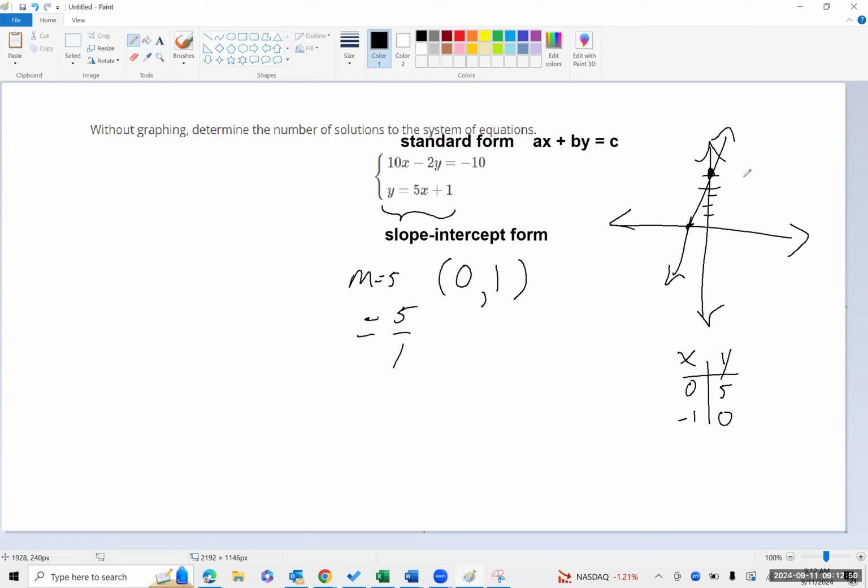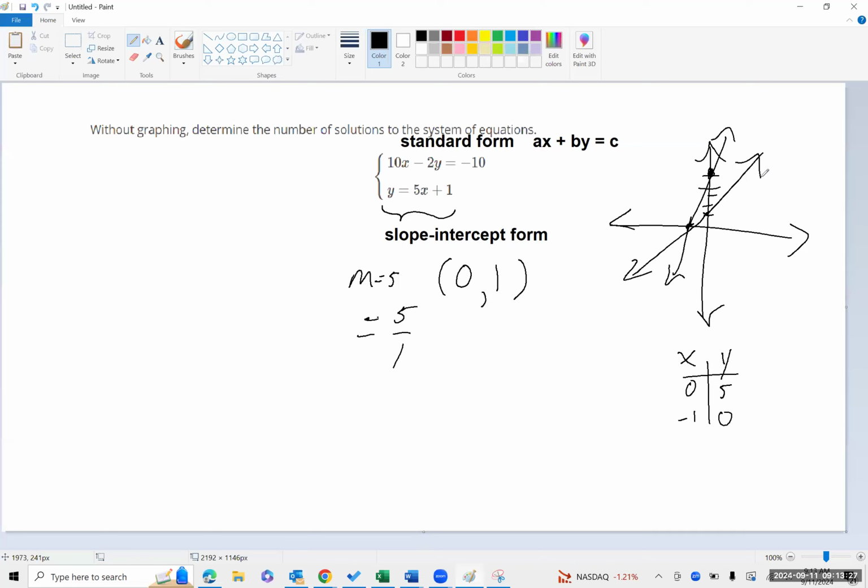And I think we had another line on here. That went something like this, roughly. That's for the y equal 5x plus 1. Okay, so now I'm using graphing, right? And I can almost answer the question at this point.